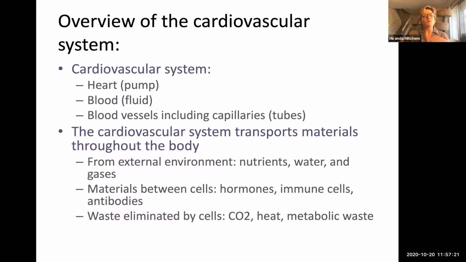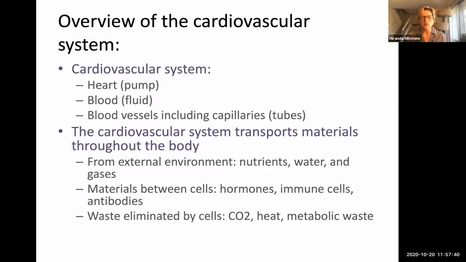So we have different levels of interaction with the environment, if you will. We'll see this also when we go into our respiratory section. But when we're looking at the transport of material, it does include the nutrients, water, and gases.